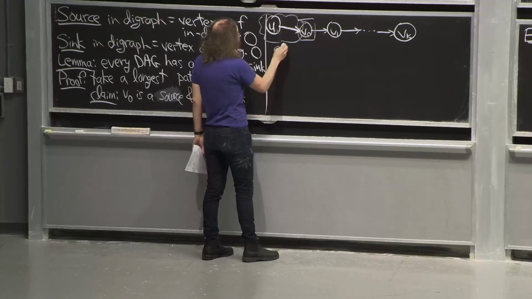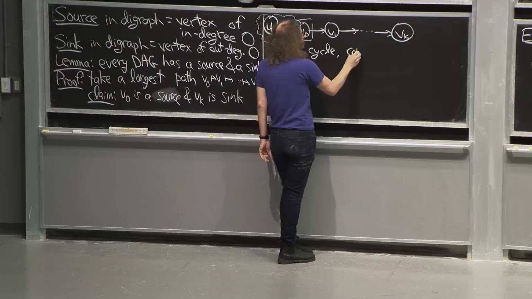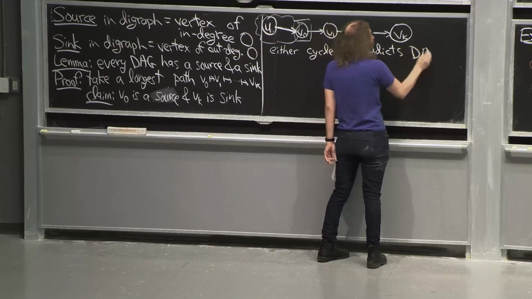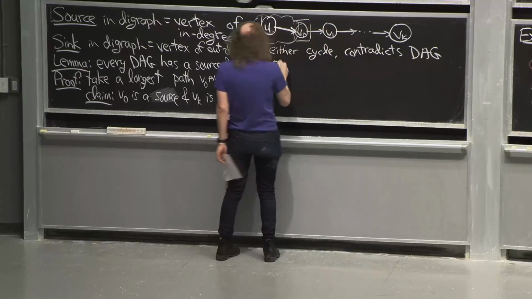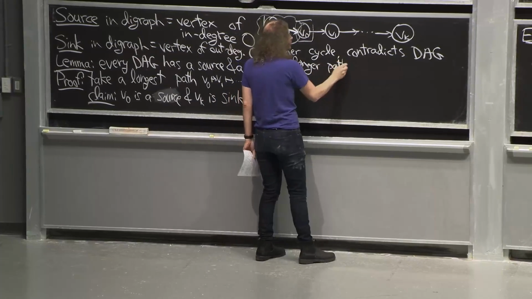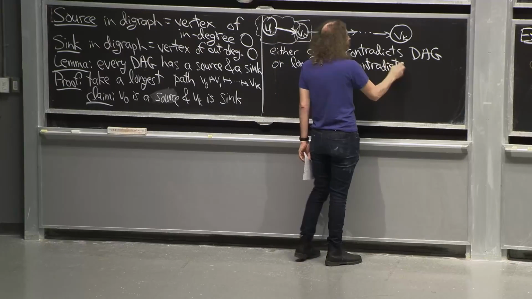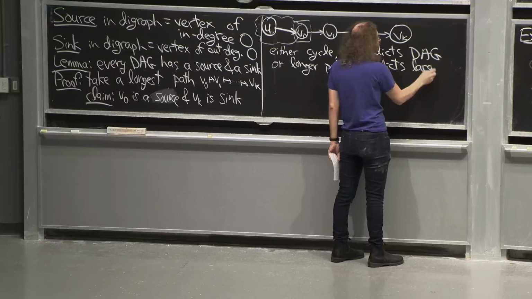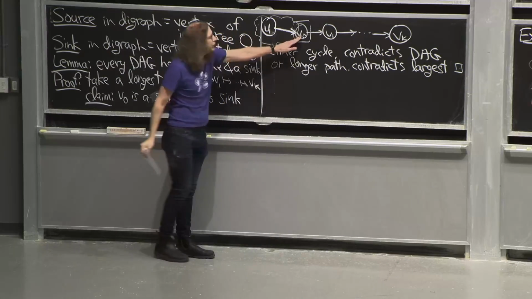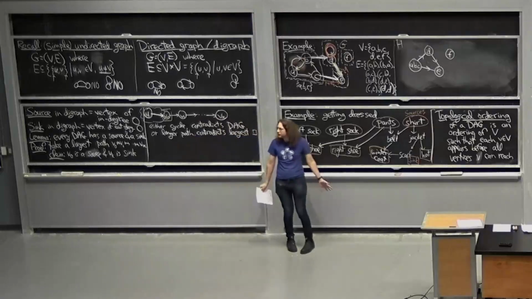So either we get a cycle, which contradicts that we're a DAG, or we get a longer path in the graph, which contradicts that we're longest. So either way, we get a contradiction. And that proves that v0 is a source, and exactly a symmetric argument proves that vk is a sink. Cool. So these things exist.